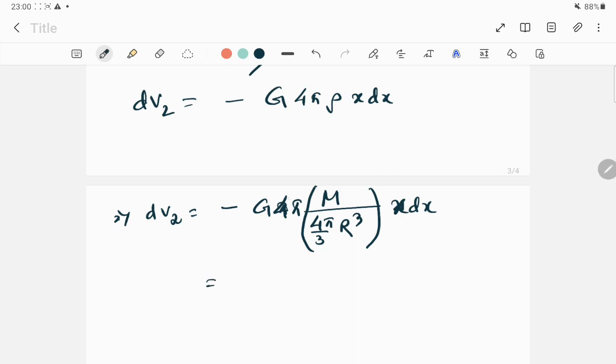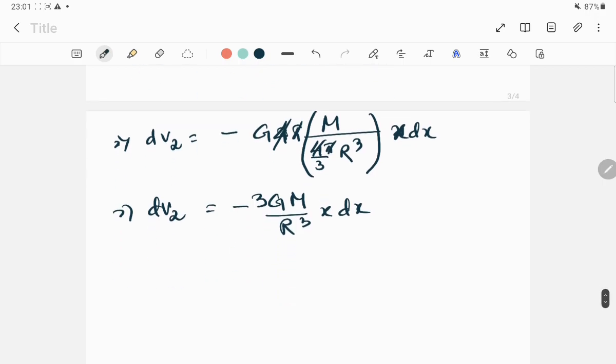So 4 pi gets cancelled. So I will try to simplify it, 3 by r cube x dx. So this is dV2. Okay, so try to understand this thing.